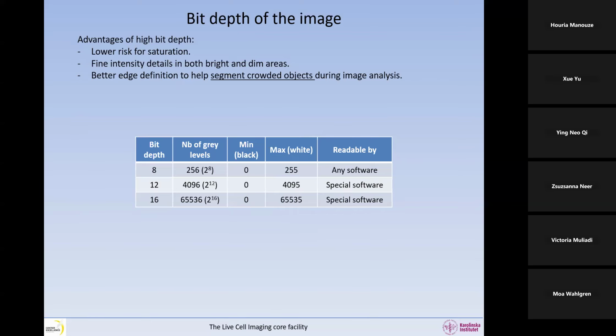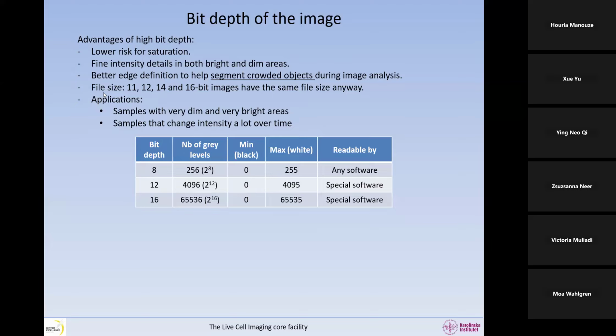It will not look like big blocks. Better edge definition helps segment crowded objects during image analysis. And for file size, because computers can only read in blocks of 8 bits, 11, 12, 14, and 16-bit images have the same file size on the computer, whereas 8-bit is half.